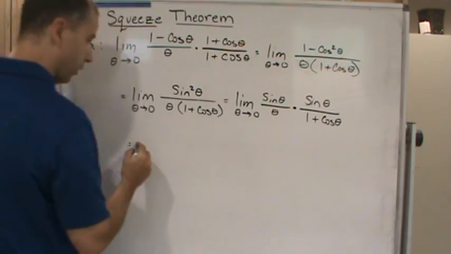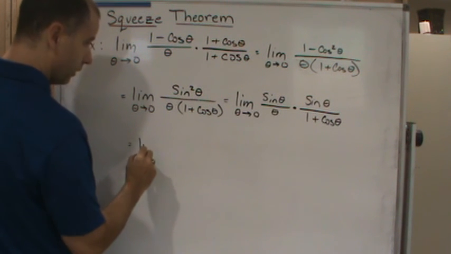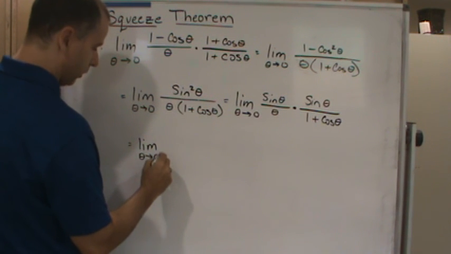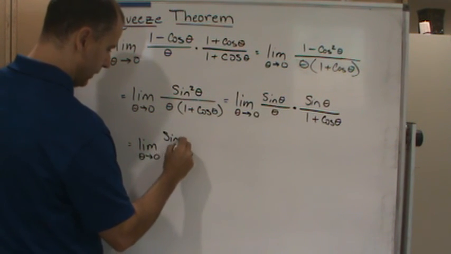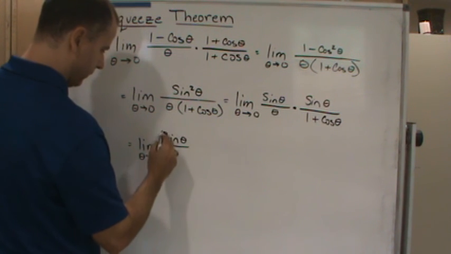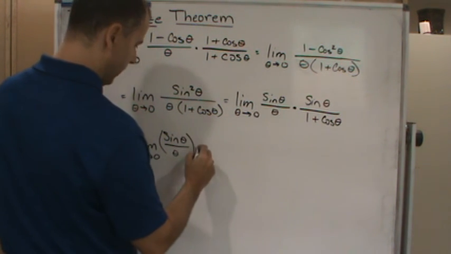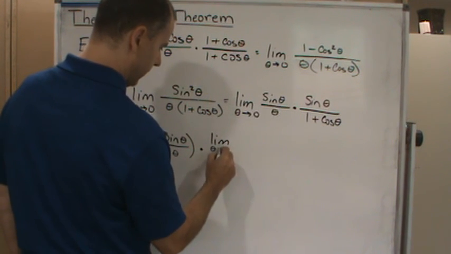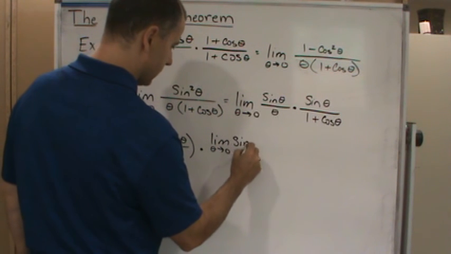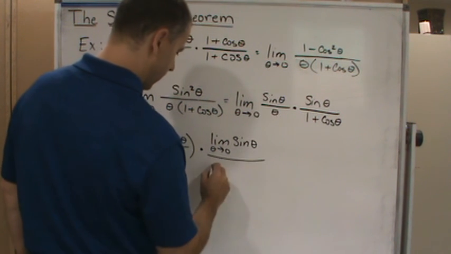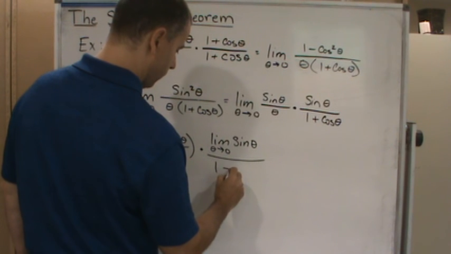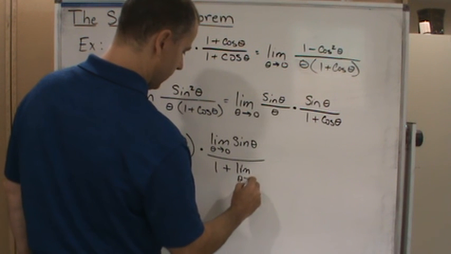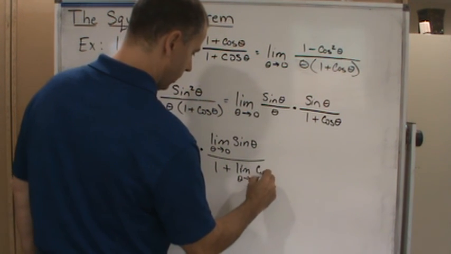So we can write this as the limit as theta approaches 0 of sine theta over theta, times the limit as theta approaches 0 of sine theta divided by 1 plus the limit as theta approaches 0 of cosine theta.